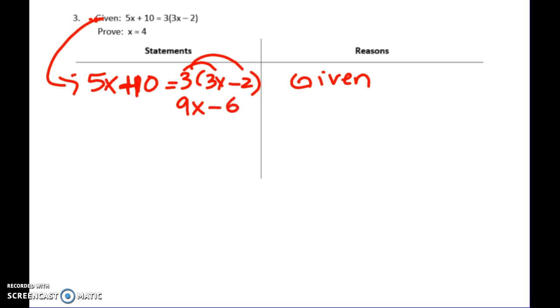Bring down 5x plus 10 equal sign. So what's that first step's reason off to the right? Distributive. So, distributive property.